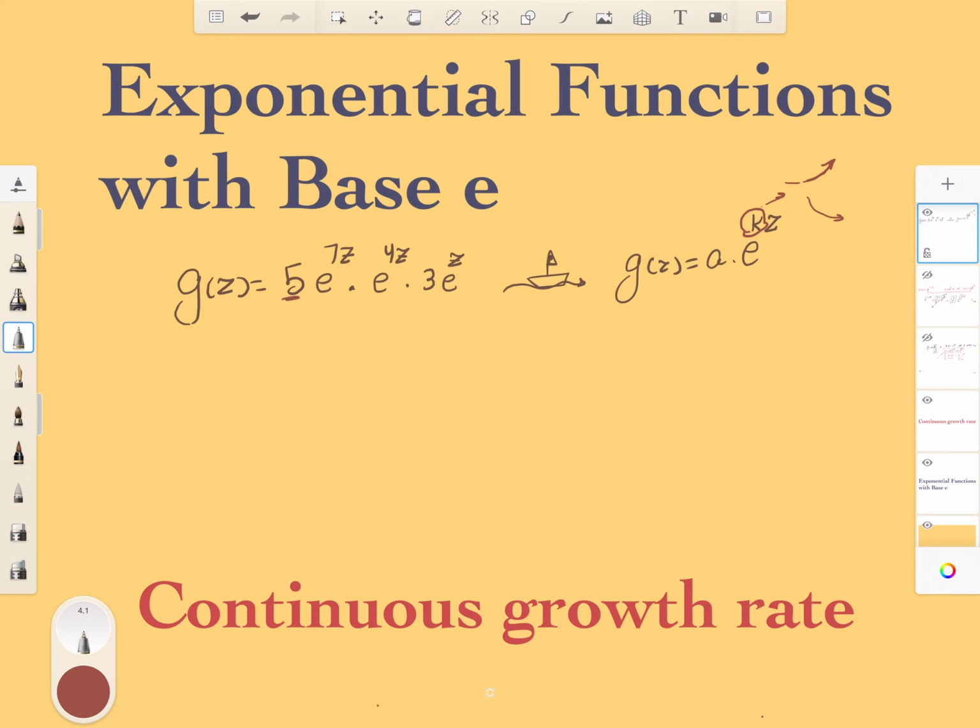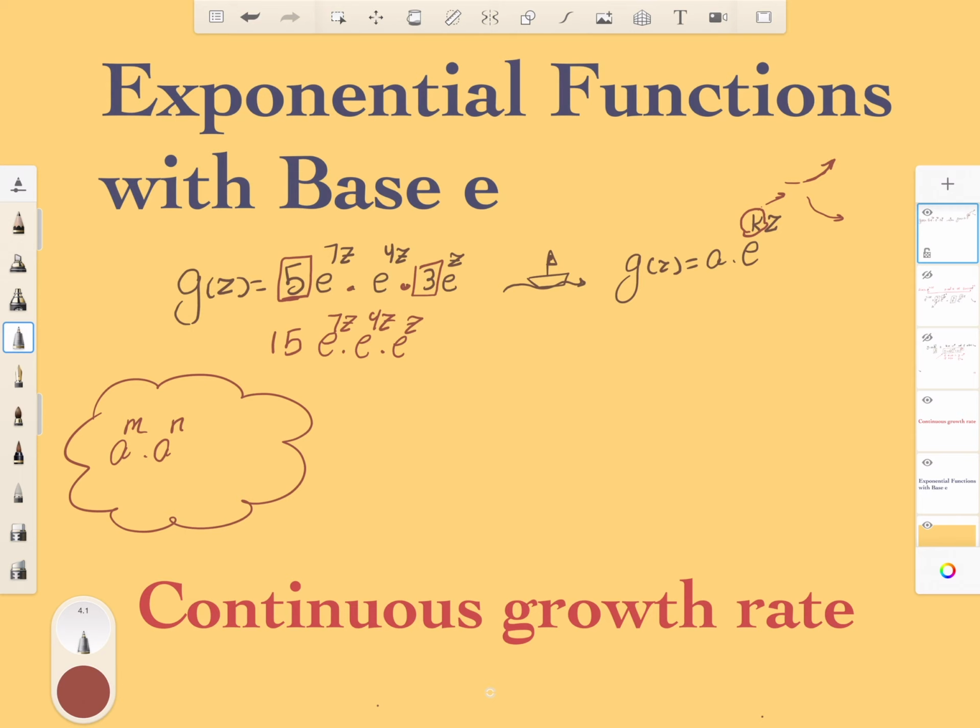So we have 5, and all of them are multiplication, and 3 here. So 5 times 3, we get 15. Then we have e to the power 7z, e to the power 4z, and e to the power z. One of the properties of exponents is if you have a to the power m times a to the power n, we write one of the base and add the exponents. So that's what I'm going to do.